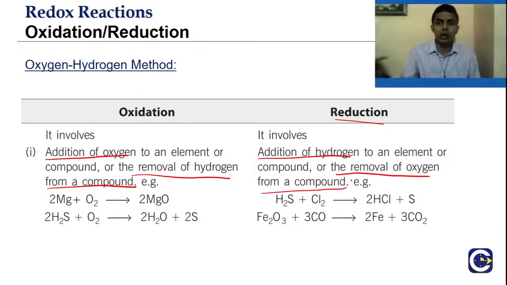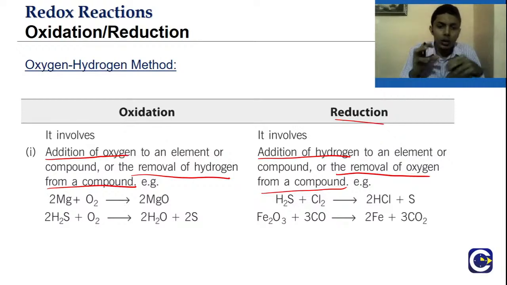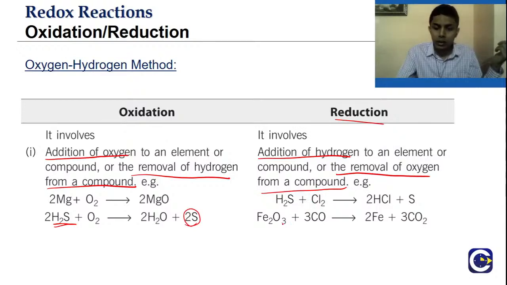So this was what you all might have heard previously, right? It's the same thing. Magnesium with oxygen gives magnesium oxide is one example. H2S, hydrogen sulfide, getting converted to sulfur is another example. In the same way, here ferric oxide, Fe2O3, getting converted to iron, which means it is losing oxygen. So it is an example for reduction.